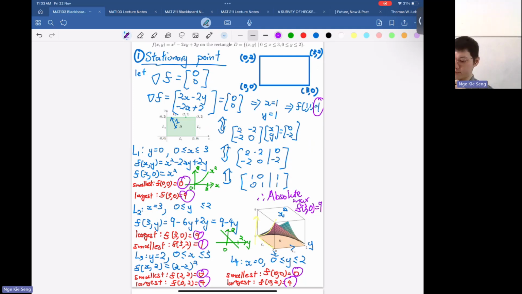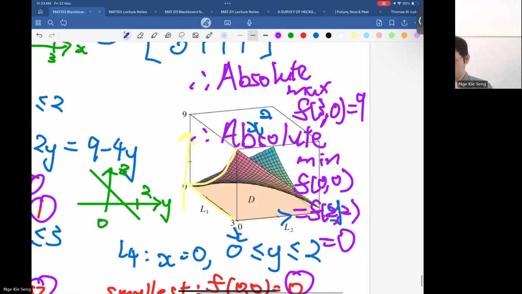Okay. And absolute minimum is 0. How many points have the minimum value? Absolute minimum, we have 2 of them. Okay, one of them is at the origin, the other is at 2, 2.